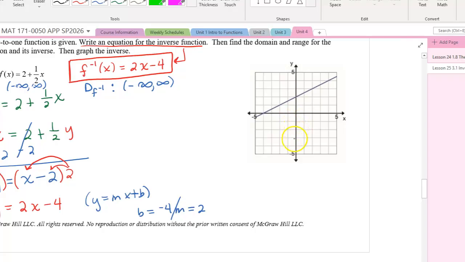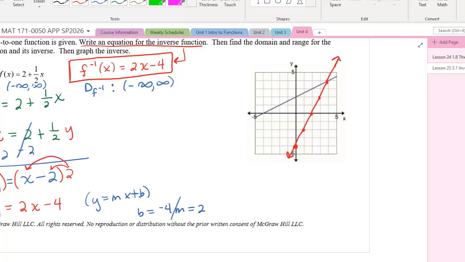So I can plot that point there. And then from there, I'm going to go up 2 over 1, up 2 over 1, up 2 over 1, up 2 over 1. So here is the graph of the inverse.